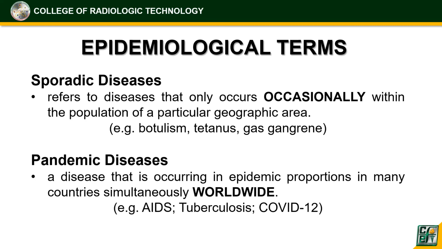That is why it is a pandemic. Examples of these pandemic diseases are the following: AIDS, tuberculosis at one point in time, and COVID-19. Sorry, that's not COVID-12. It should be COVID-19. We know the pandemic, right? Because we are experiencing it in our daily life since 2020.